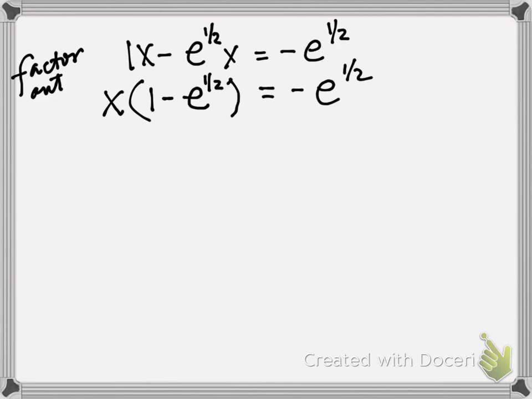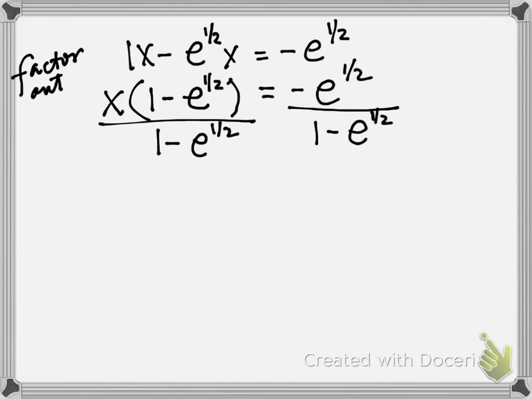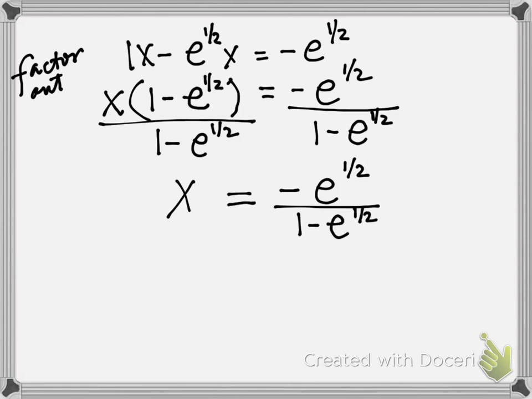Finally, to have x by itself, I divide by 1 minus e to the 1/2. So x becomes equal to negative e to the 1/2 divided by 1 minus e to the 1/2. If they want exact answers, then that's it. You end there. But if they want decimals, then you should be able to do that with your calculator.